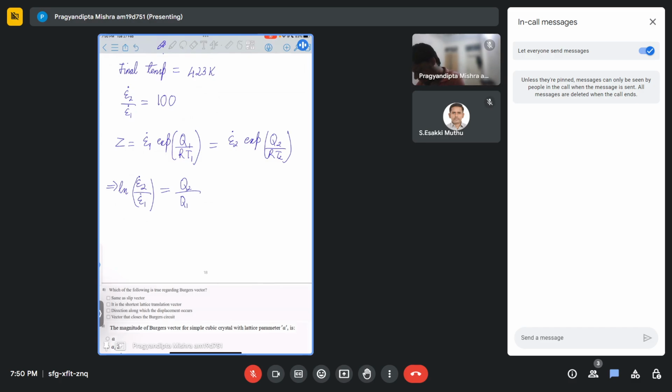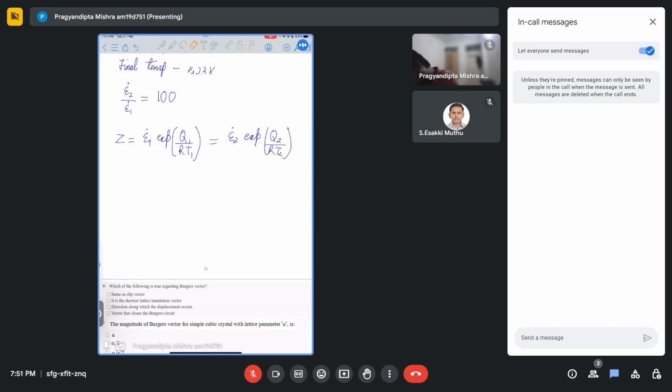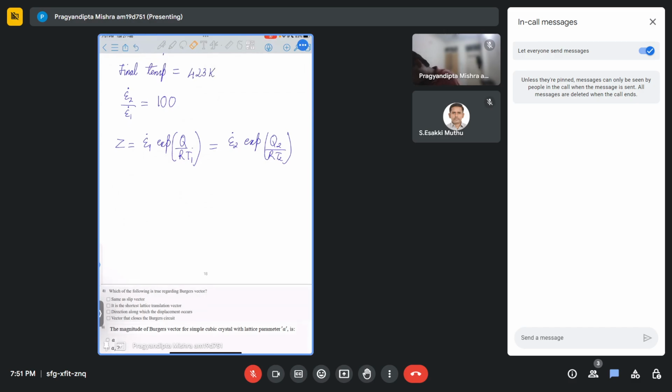Actually, R becomes common. Oh, actually, we don't have to divide this. One second. Sorry. If I take the same temperature Q directly, yeah, because activation energy will not change, right? So this is what I was making a mistake.